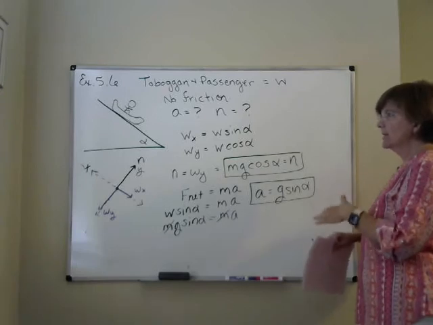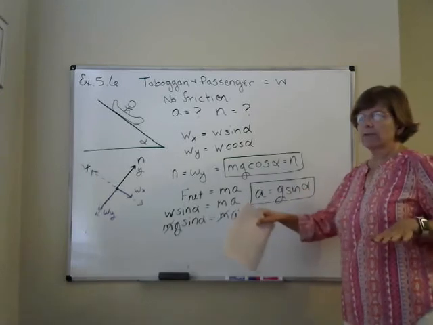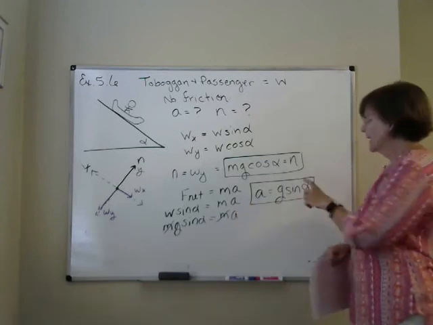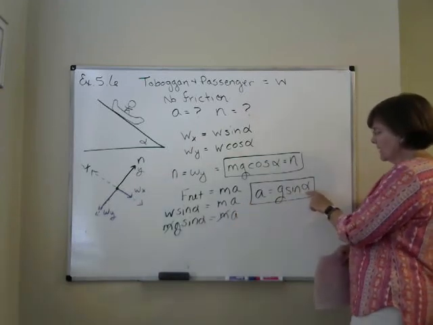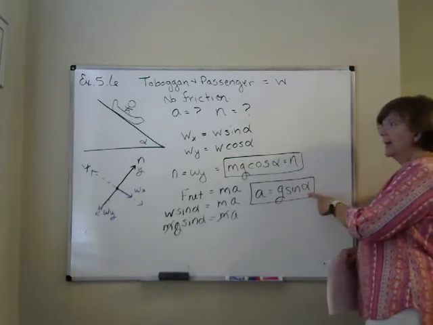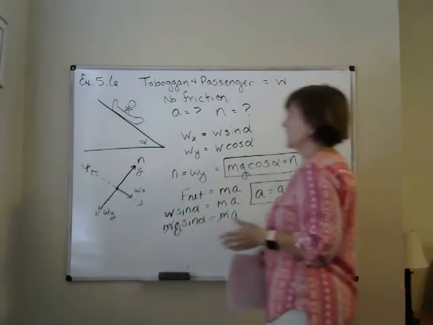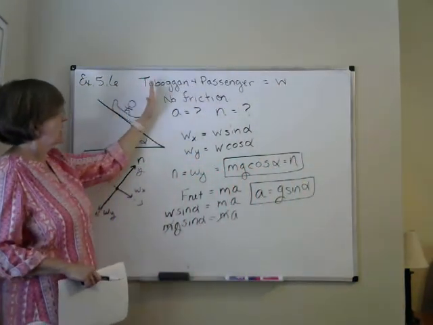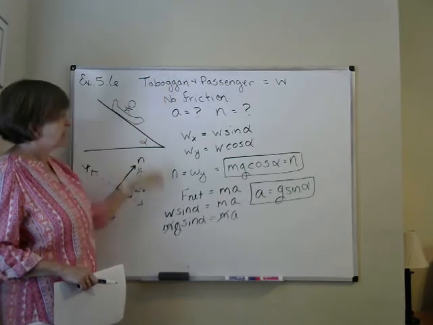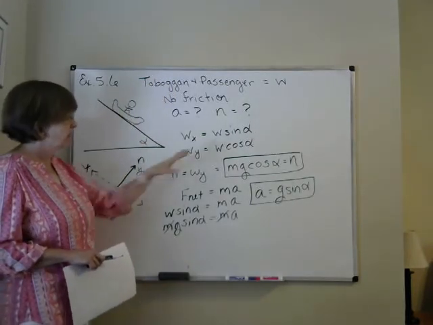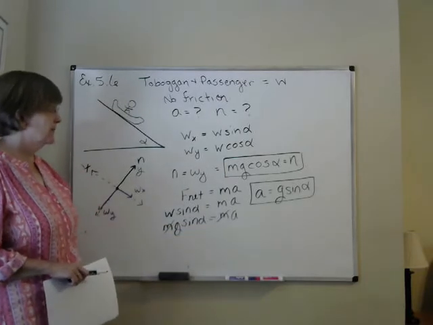If you were at rest on a horizontal surface, you don't slide down the hill. You just sit there. If I let this go all the way to 90 degrees, sine of 90 is 1, and then your acceleration would be g. You'd be in free fall. Picture that. If you took this slope and you tilted it till it was straight up, that'd be free fall, and you wouldn't have a normal force at all. So these answers make really good sense.